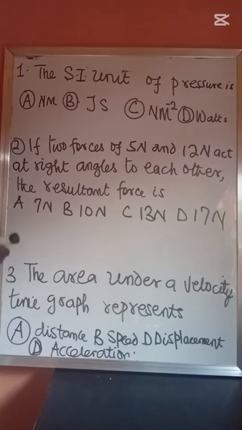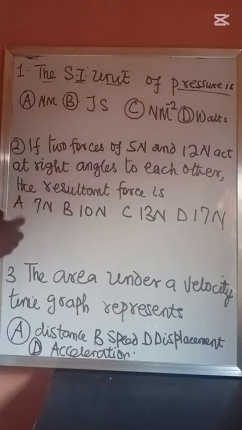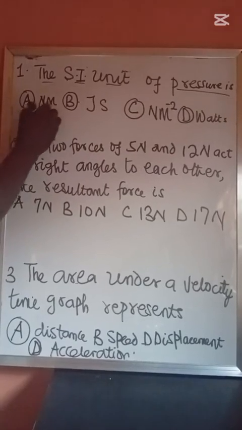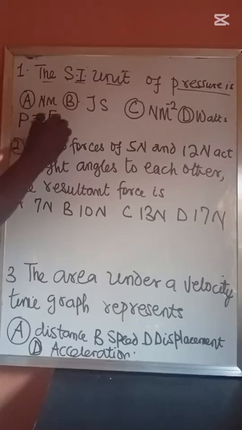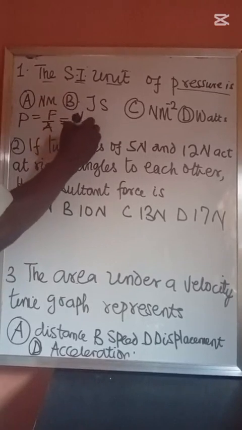The first one says the SI unit of pressure is dash. We have all the options here. For us to solve this problem, we need to know what pressure is. Pressure is equal to force over area, and the unit of force is Newton, and that of area is meter squared.